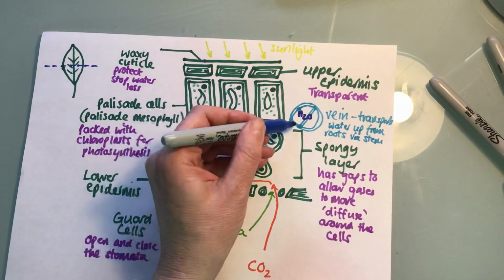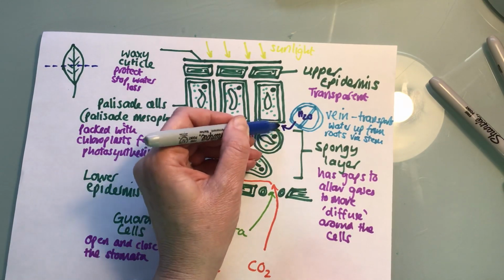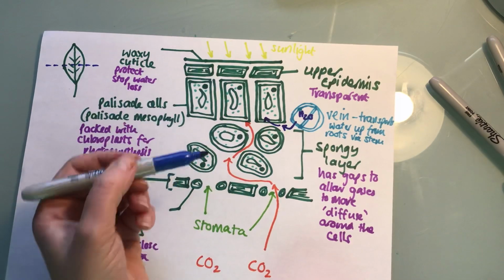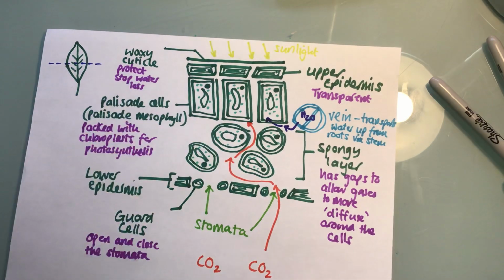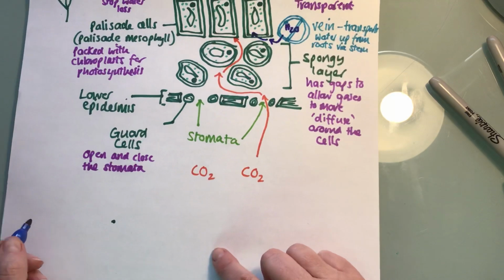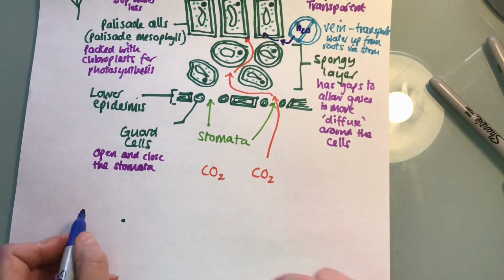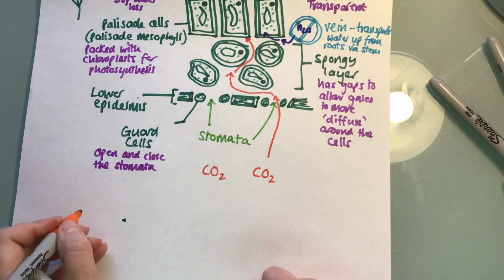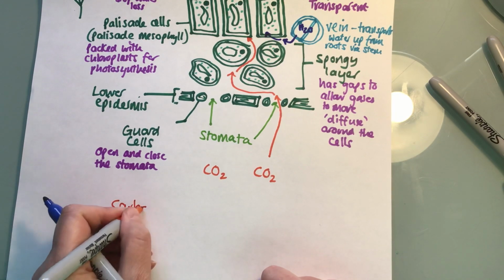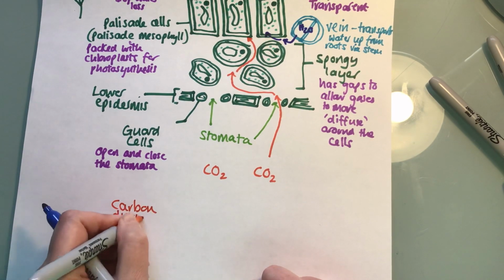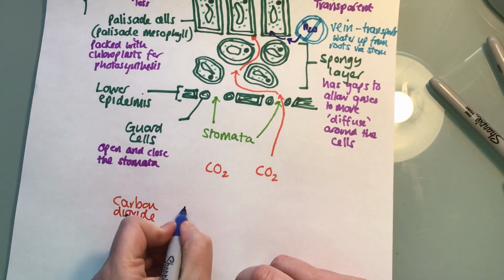And now the water can also come out and move into the cells, because we know that to photosynthesize we need carbon dioxide plus water.